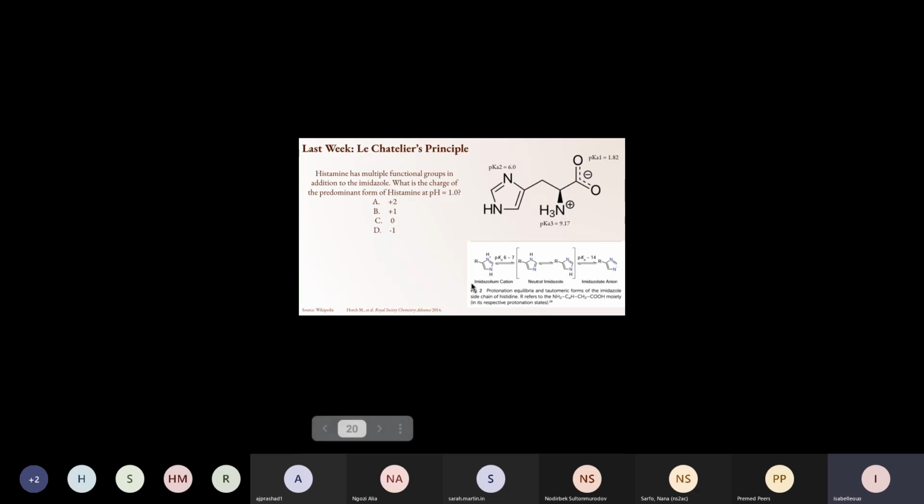Okay, so let's see. We got A, we got B, we got D. What a variety of answers, that means diversity. Okay, so let's see. Again, the equilibrium constant indicates the state when it is at equilibrium.